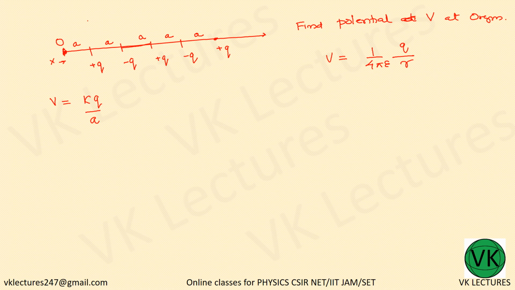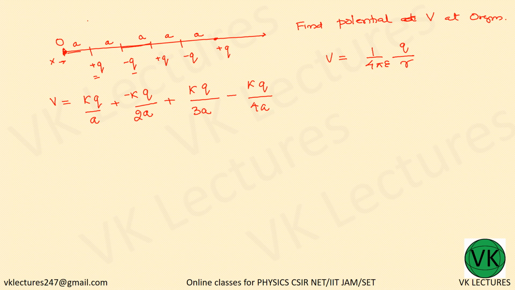This is the formula. So this 1 by 4 pi epsilon is k, q divided by a due to the first charge. Now plus kq divided by a with a minus sign, because I have kept a minus charge here. But here the distance is a plus a, that is 2a, plus again this is a plus charge, kq divided by 3a, minus kq divided by 4a.